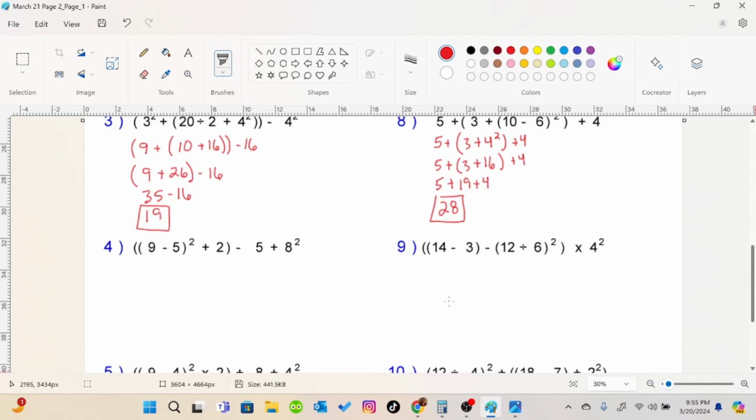Number 4. 9 minus 5 is 4, and 8 squared is 64. 4 squared is 16. 16 plus 2 is 18. 18 minus 5 is 13. And 13 plus 64 is 77. Final answer.